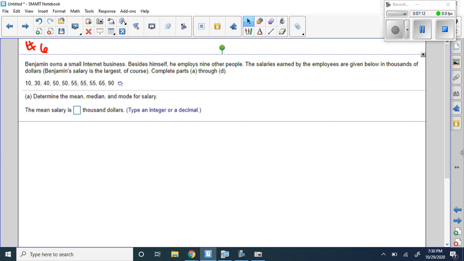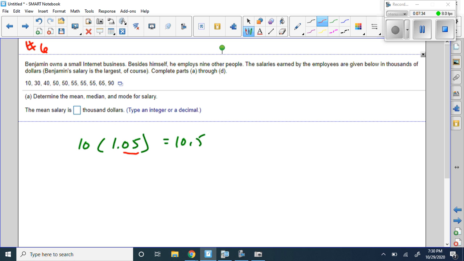So if I go 10 times 5%, well, if I multiply it by 1.05, then that gives me 10.5, right?